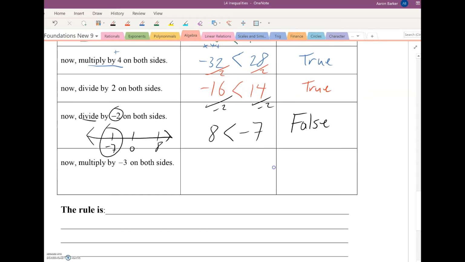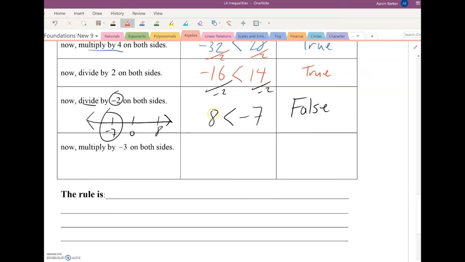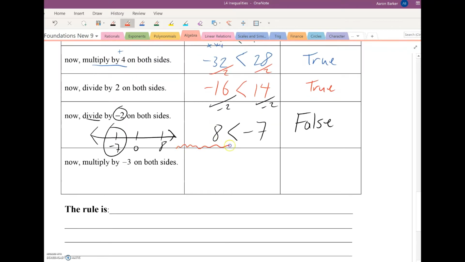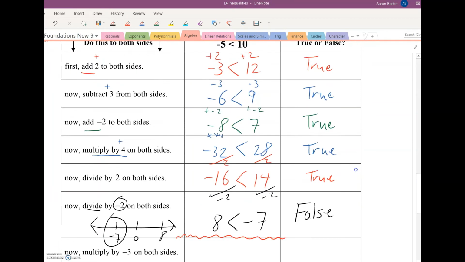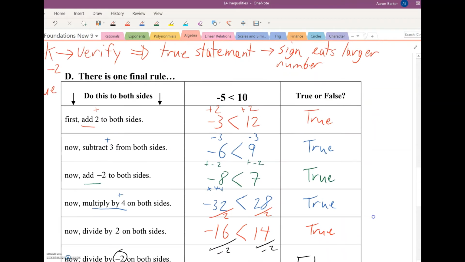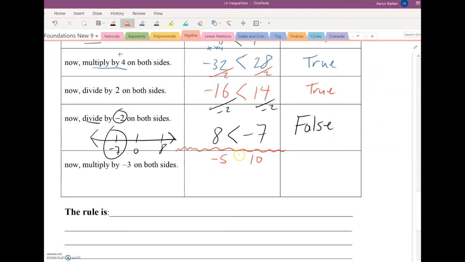Well, let's go back to our true statement that we had the first time. Our original was -5 and 10, and the sign was eating the 10. That was our original question from the very top, which was true. So let's multiply that by -3. Now we get +15, sign stays the same, -30.